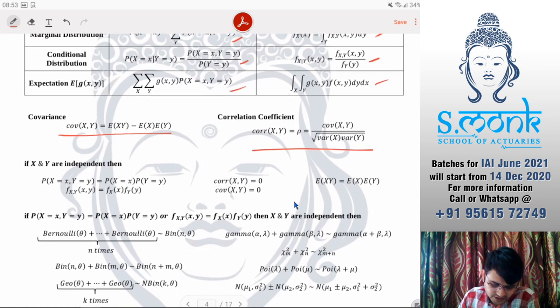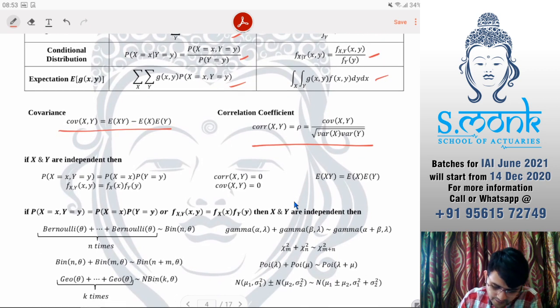Then independence. We say that if x and y are independent, then probability joint distribution of x and y must be equal to probability marginal of x and probability marginal of y. Okay. Or you can say for continuous, our PDFs of joint must be equal to PDF of x into PDF of y.